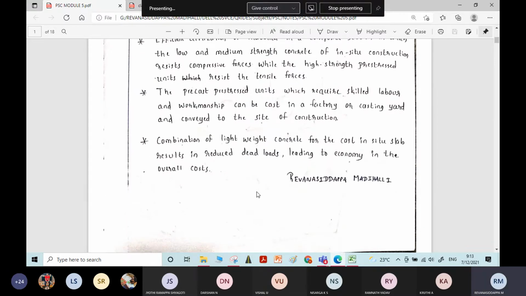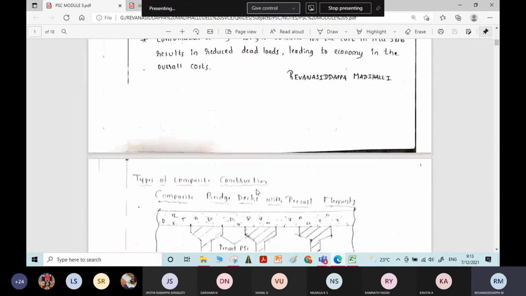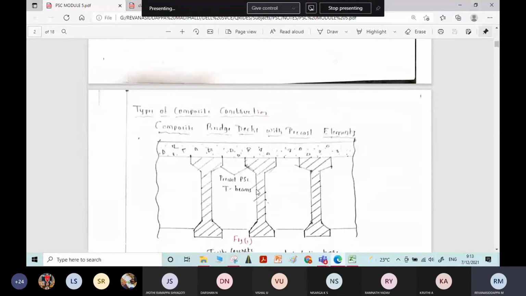And one more advantage is we can give some circular openings at the web of the beam, so that the self weight of the composite section will reduce, which will lead to economy of the section or economy of construction. These are a few advantages related to composite sections.